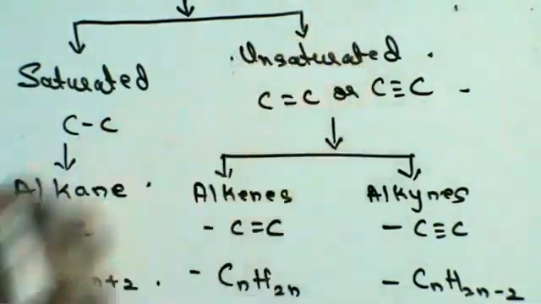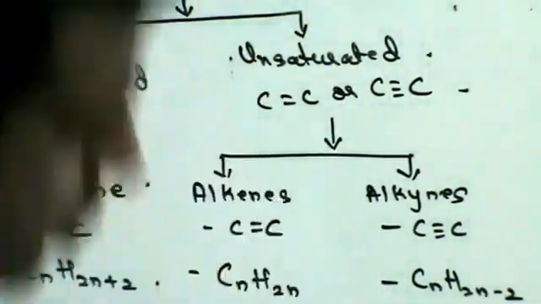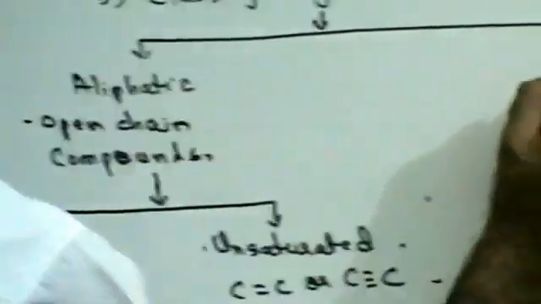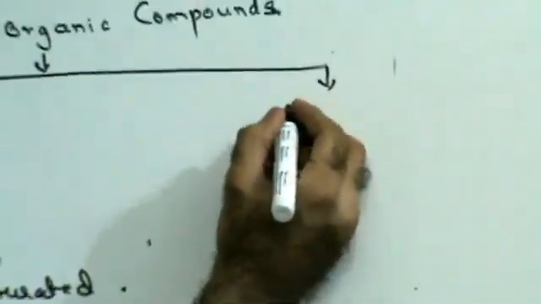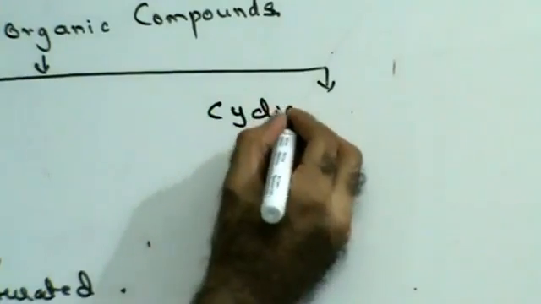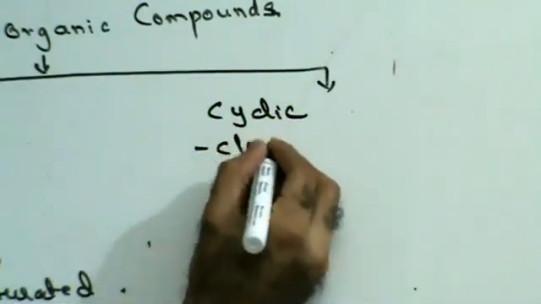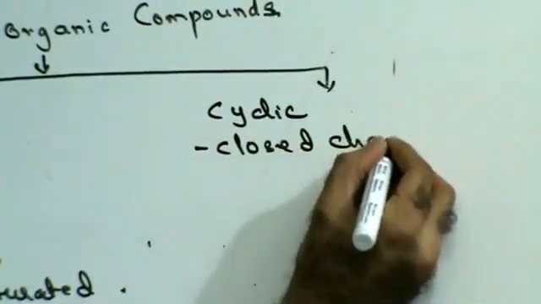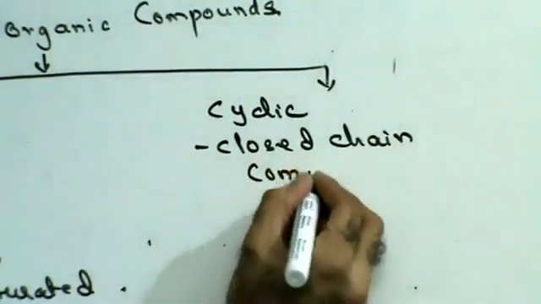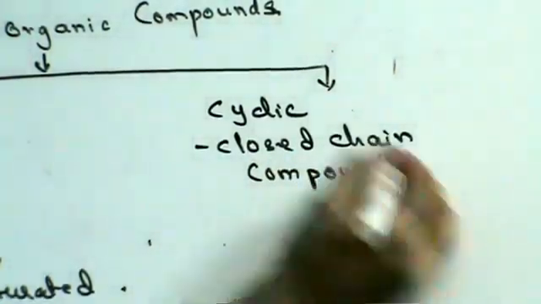Right? Now, the next classification you have is closed chain. This was open chain. You have cyclic compounds which are closed chain compounds. Right?